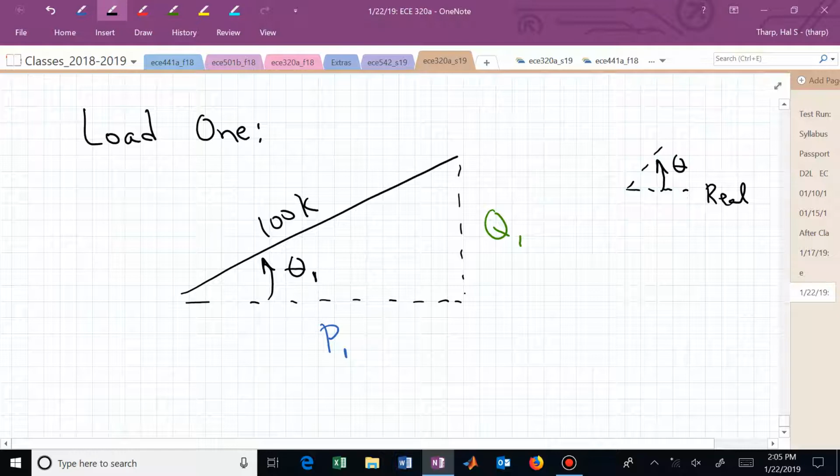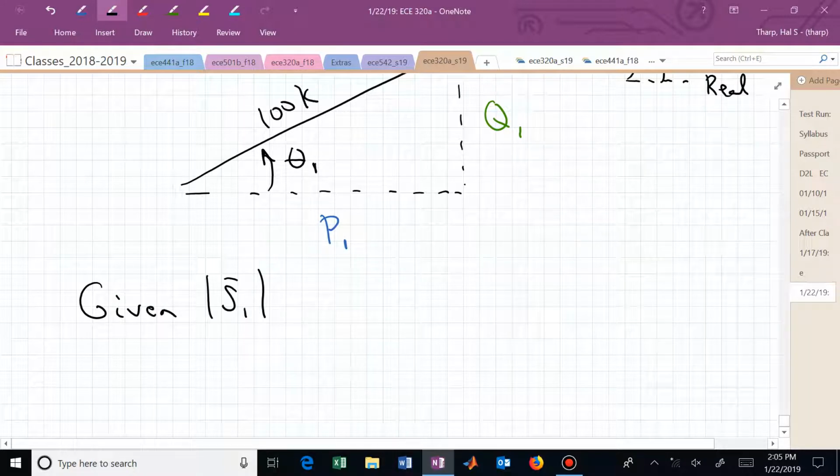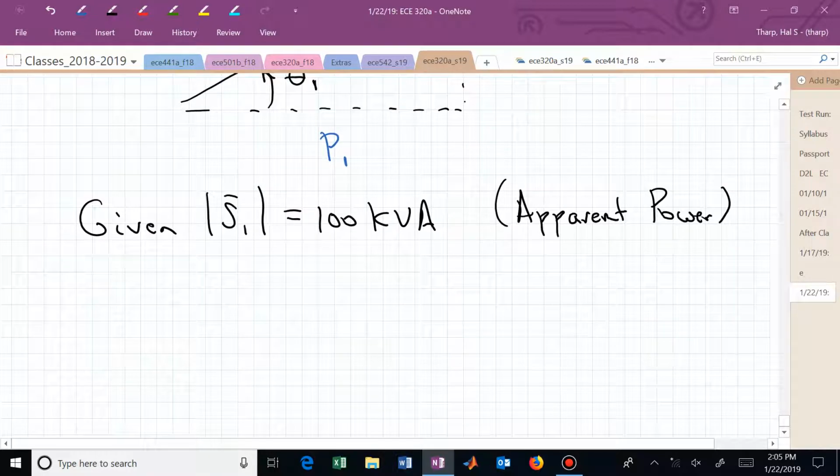With this particular picture, we were given the hypotenuse, or the apparent power, of load 1, which was 100 kVA. That was the apparent power. Theta 1 we were sort of given in the form of a power factor.